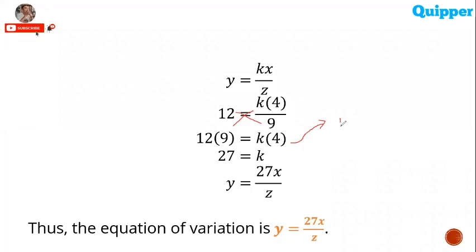So it's just 108 is equal to 4k. Then divide both sides by 4 to find the value of k. That is 27. From there, you substitute the value of k to the original equation, giving you y equals 27x over z as the equation of variation.